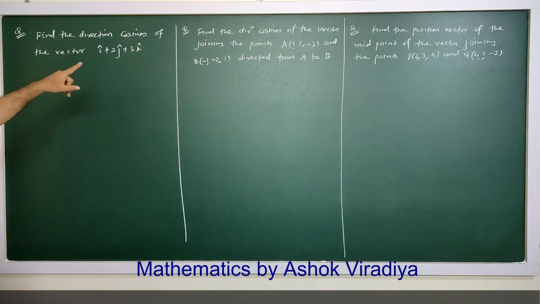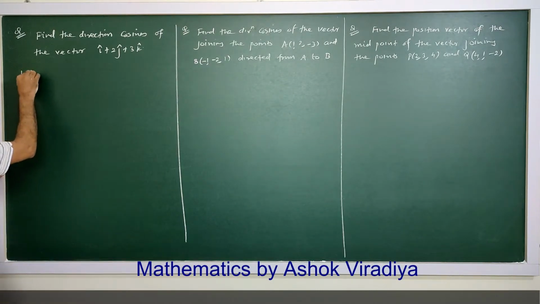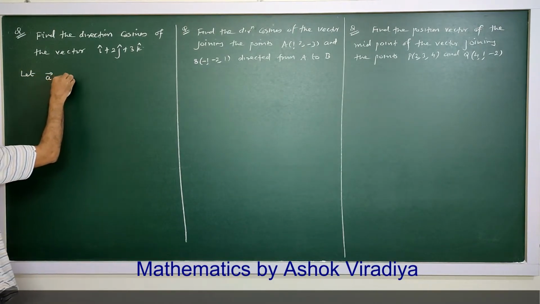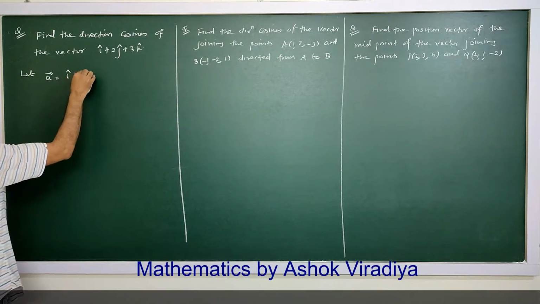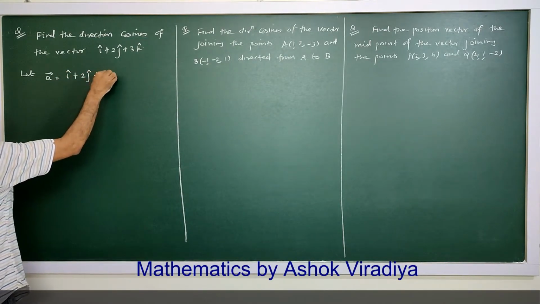Find the direction cosines of this vector. Let me say this vector is vector A. Vector A is i cap plus 2 times j cap plus 3 times k cap.